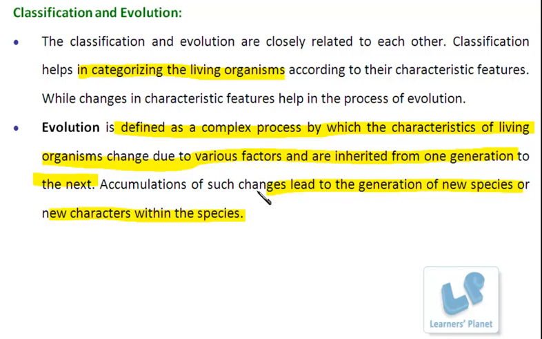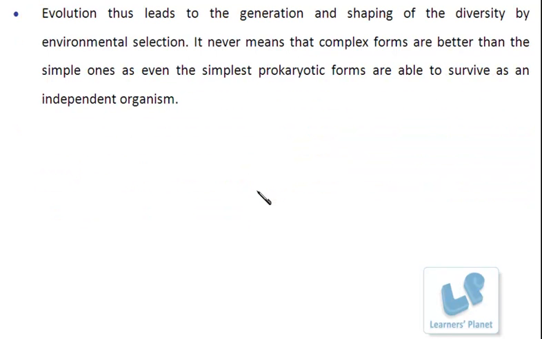Now another thing is that evolution is thus responsible for the generation and shaping of the diversity in our surrounding. And these two things are based on the variations, and variations are basically due to different factors which may be environmental also, right?